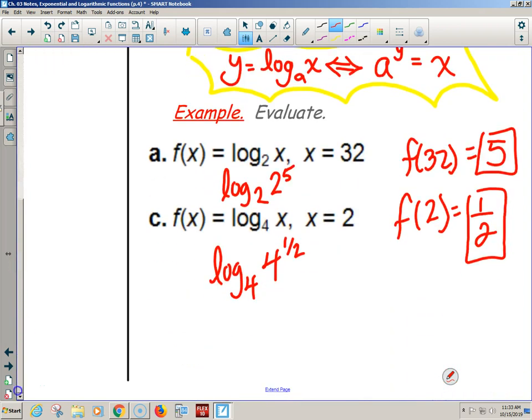Emily said it's 2 to the 5th. What was she talking about? I wrote it and I agree with her, but how did she get 2 to the 5th? 32 is 2 to the 5th power, so you can rewrite 32 as 2 to the 5th. That ends up being 5, but how on earth did I get 4 to the 1/2 that ends up being 1/2? I thought we were plugging in 2.